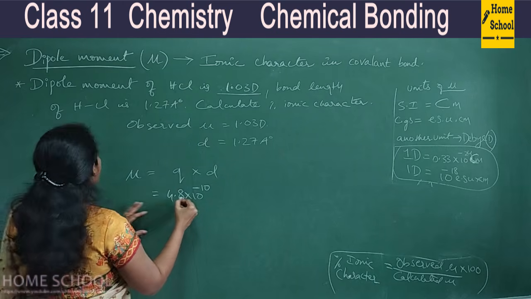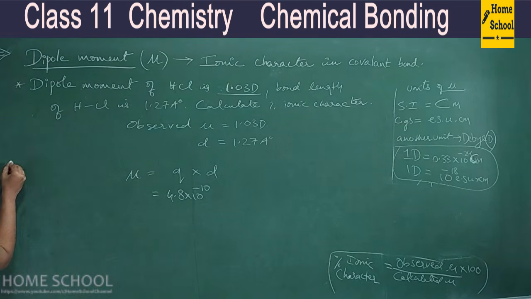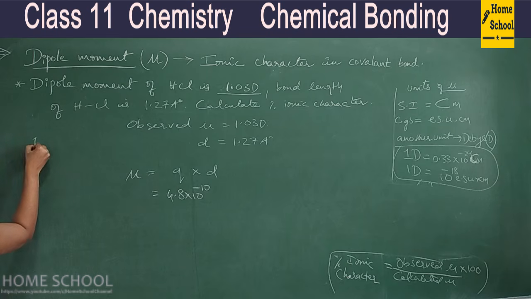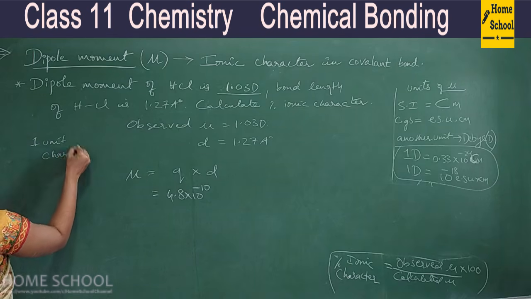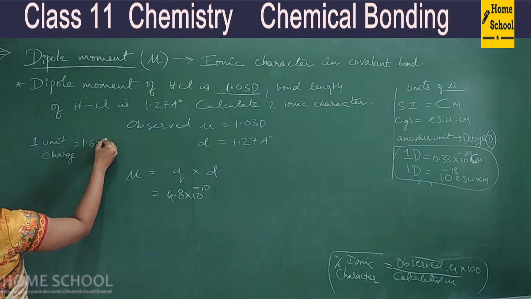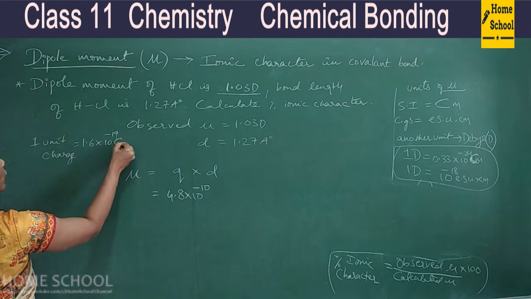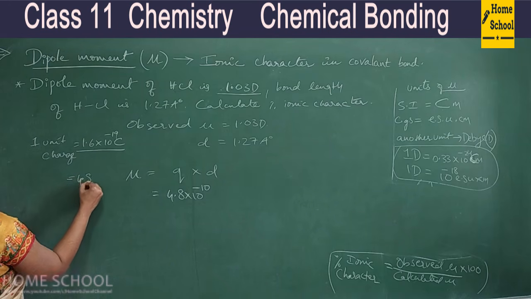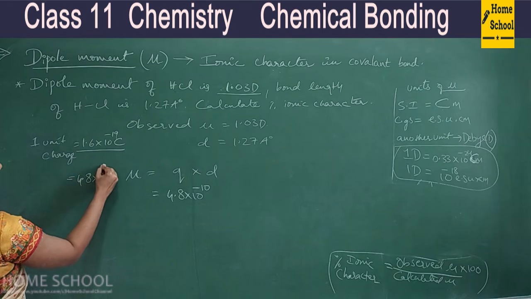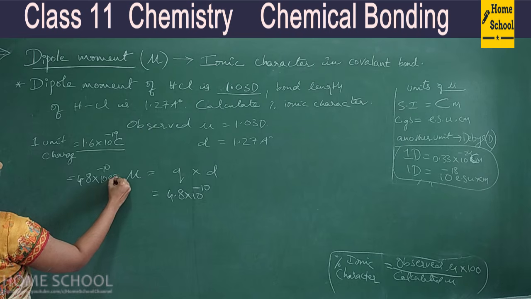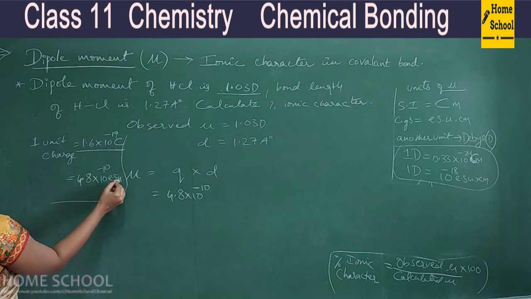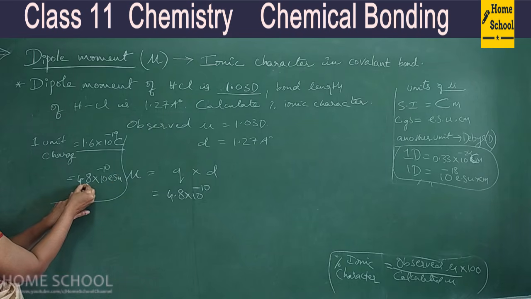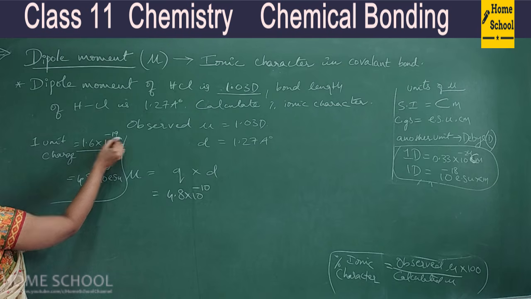Okay, we know the charge of an electron, 1 unit charge value, is how much? 1.6 into 10 power minus 19 coulomb. It is in coulomb. But in electrostatic units, its value is 4.8 into 10 power minus 10 ESU we say. So in ESU, charge value is this much, and in coulombs, charge value is this much.